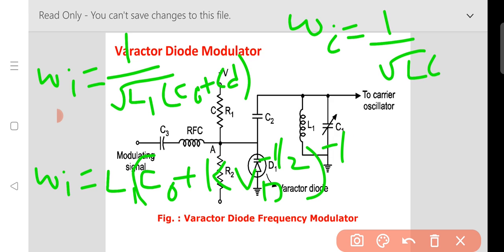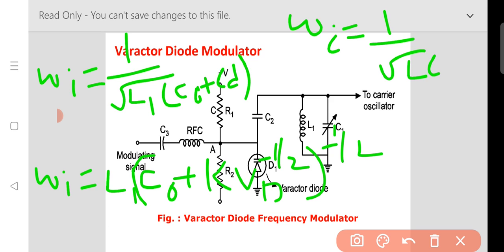Don't forget, K is there because CD means K into VD power of minus 1 by 2. L1 is as it is, C naught is as it is, and CD we have the relation K into VD power minus 1 by 2.